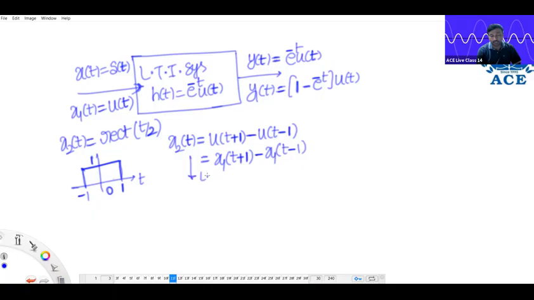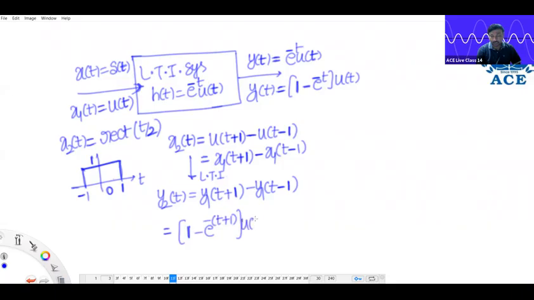What are the LTI system properties? Whatever happens to the input, the same thing happens to the output. So y2 of t is y1 of t plus 1 minus y1 of t minus 1. Already you know y1 of t, just substitute there. So 1 minus e power minus (t plus 1), u of t plus 1, minus 1 minus e power minus (t minus 1), u of t minus 1.